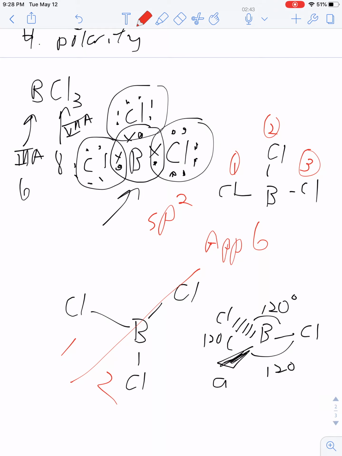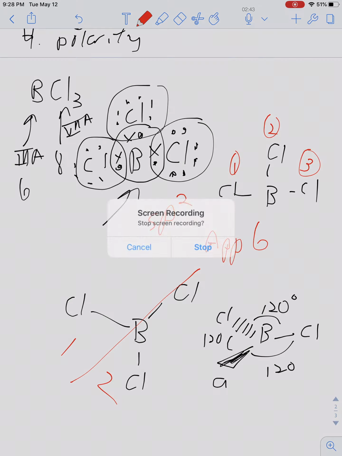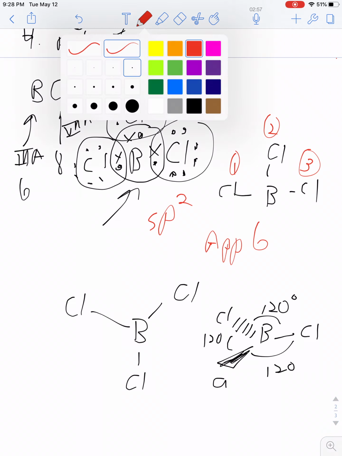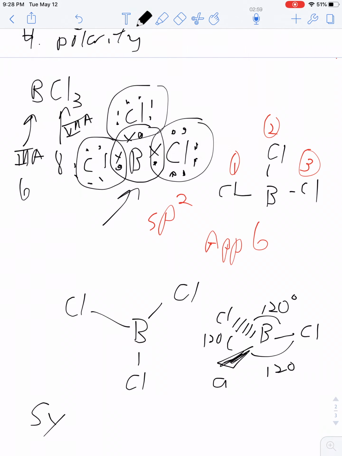So you're only allowed to chop it down a bond length, okay? You're not allowed to do something like this. Obviously that's not symmetrical, but you're not chopping it down a bond length. So because this is symmetrical, it means that my molecule is nonpolar.